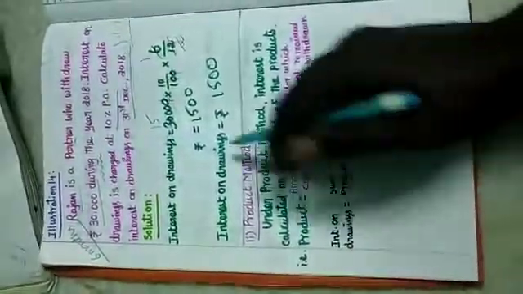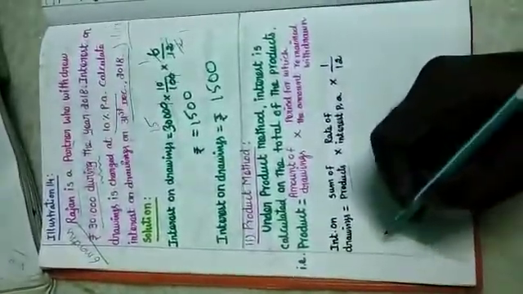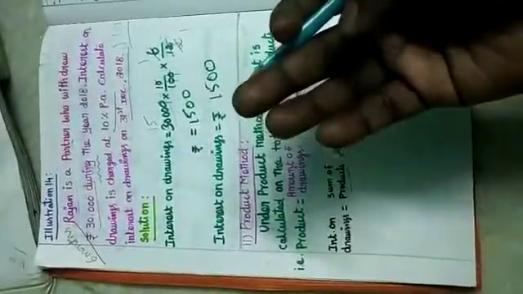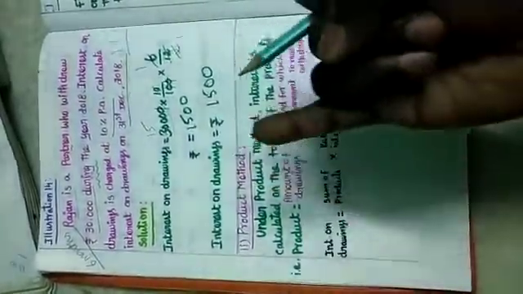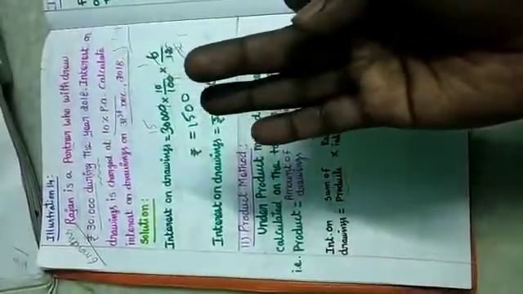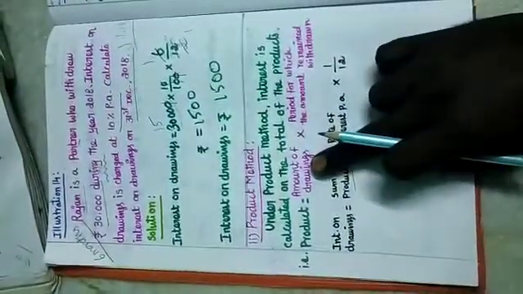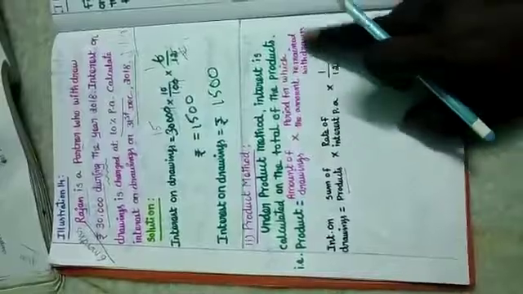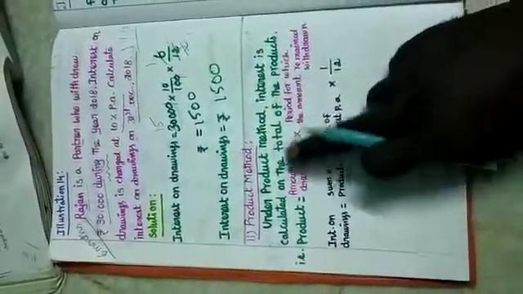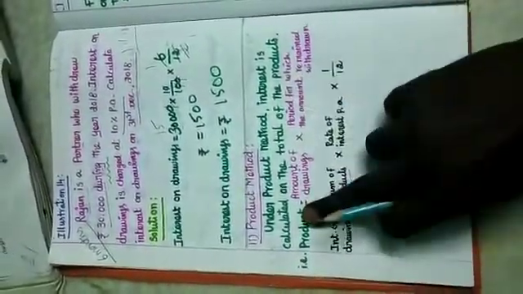Suppose the amount rupees 30,000 is withdrawn in October, that is October, November, December, 3 months. So the amount of drawing is 30,000, the period for which it remained withdrawn is 3 months, so 30,000 into 3 is called a product.